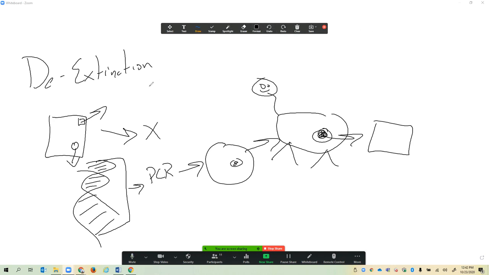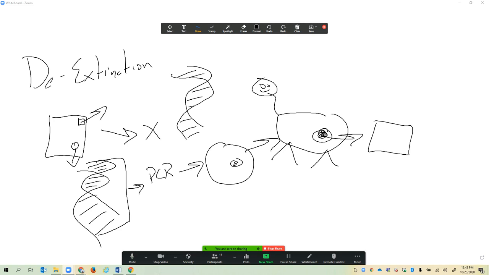Another way people think of de-extinction is the idea of dinosaurs, and can we bring back dinosaurs? Well, here's the problem. Every now and then we can get DNA from a dinosaur, but first off, from a fossil you can't get DNA, that's just a rock. You would need some sort of preserved body tissue, which is almost impossible for us to find for most dinosaurs.